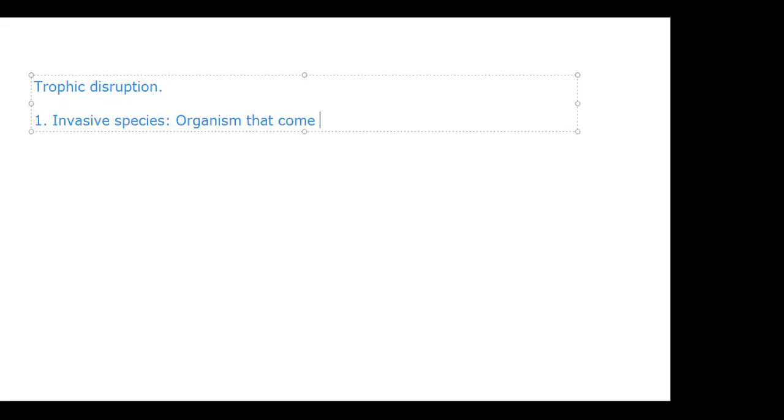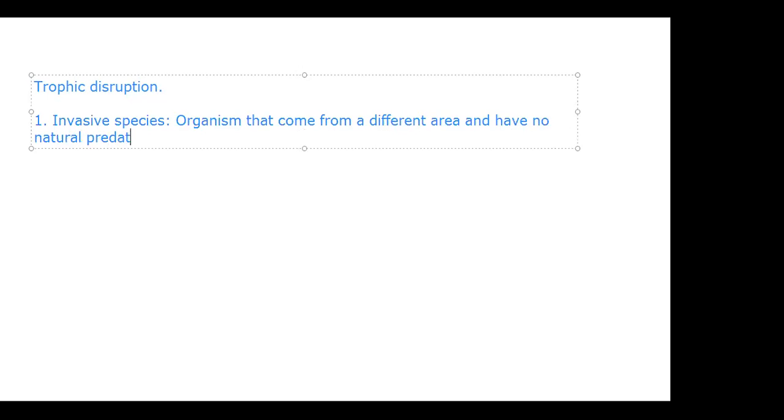So there's two examples I'm going to use here. One, let's talk about invasive species. Invasive species. Okay, so invasive species, these are organisms that come from a different area and have no natural predators.